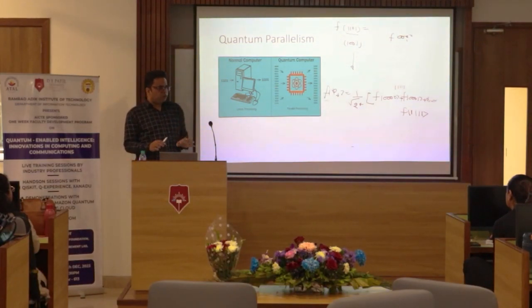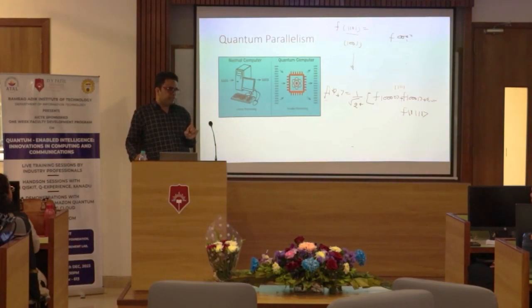We are applying F on these 4 qubits with quantum gates we can implement, and in turn in the quantum computer it is being applied on 2 power 4 states simultaneously. In one go, this computation will be performed for all possible different values. And this is what is called quantum parallelism.